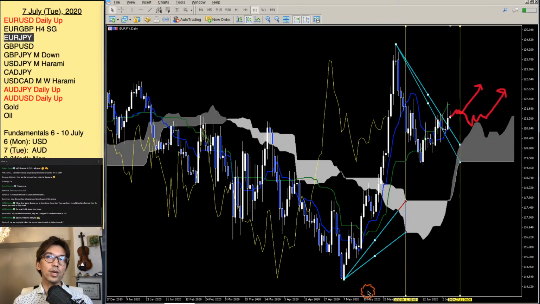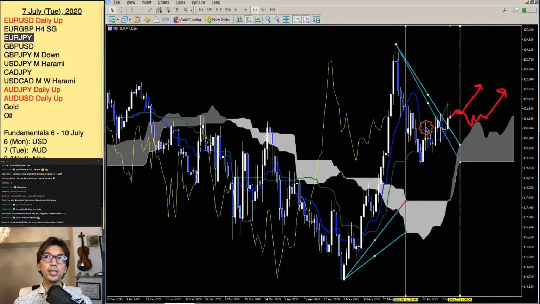And this is essentially why the Kumo is here, right? Kumo shifted 26 forward because we know that this is the equilibrium. I mean, Senko span B is the equilibrium in the long term in Ichimoku.